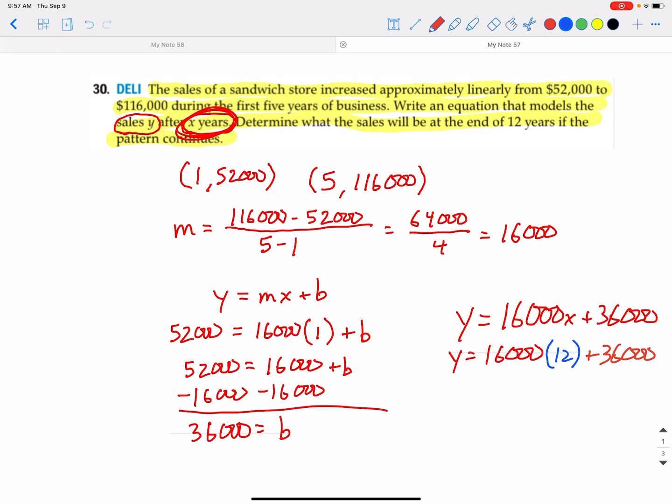We will take 16,000 times 12, and 16,000 times 12 is 192,000, plus 36,000. And that means the sales after 12 years should be whatever 192,000 plus 36,000 is, and that is 228,000, and that is in dollars. So $228,000 if I give it a proper label.